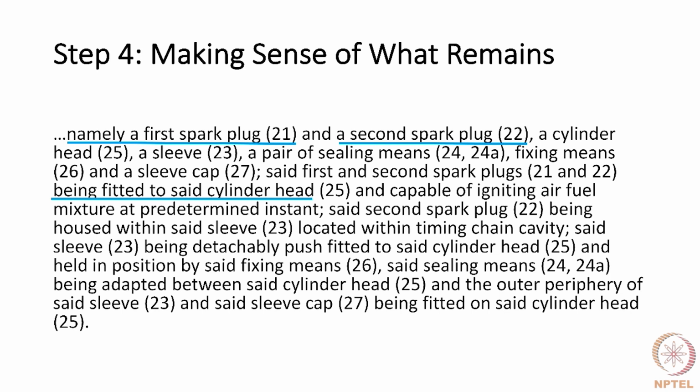These are all components. Now, to get a bigger picture, you have to read the complete specification as to how this is done. Now, all the phrases in the bracket 21, 22, 25, they all identify things that have been claimed. Second spark plug is 22, first spark plug is 21, sleeve is 23, sleeve cap is 27. Now, in the patent specification, if you have a chance to look at it, you will find that there are drawings and description of the drawings.